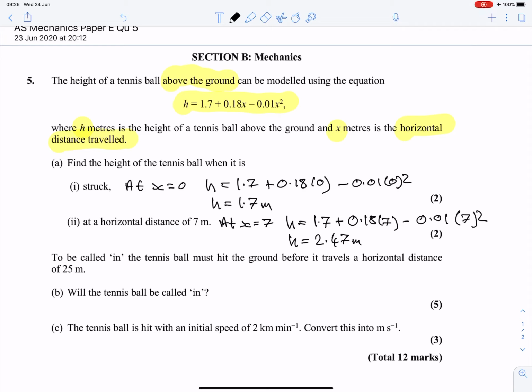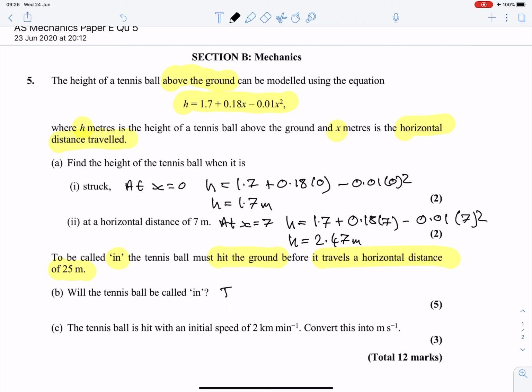Okay, part B. To be called in, the tennis ball must hit the ground before it travels a horizontal distance of 25. So that means when h equals 0, x needs to be less than 25.